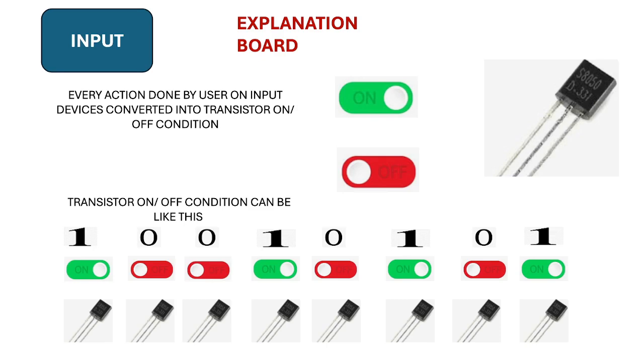Every input, every action gets converted into a transistor on off state, and that on off state is understood by the computer as a higher voltage and lower voltage, and that higher or lower voltage is considered as 1 and 0. Here 1 and 0 come into the picture, and that is the reason the computer understands only 1 and 0. This picture clears almost 100% of whatever questions we have in mind.